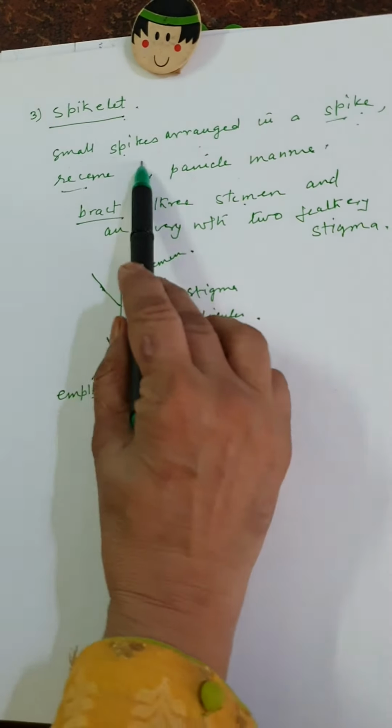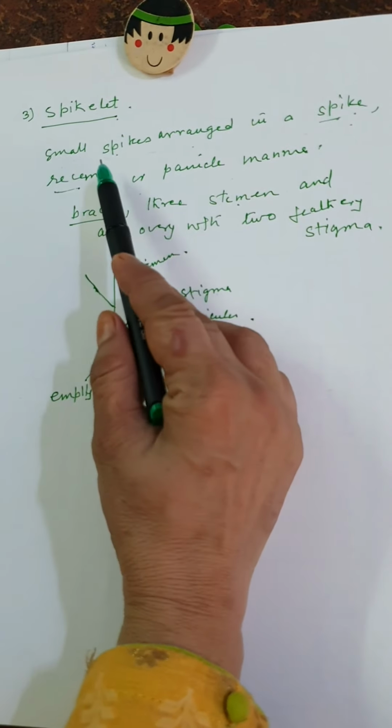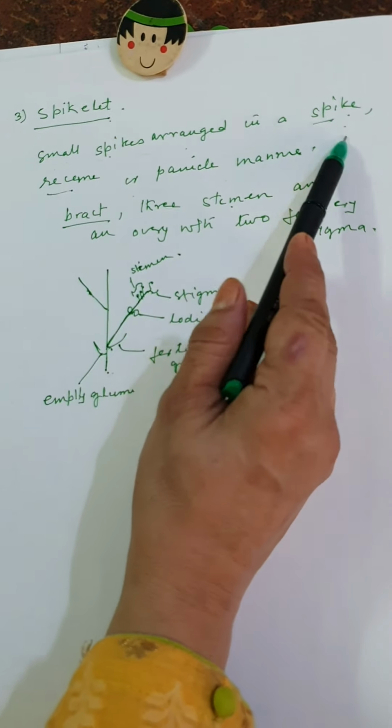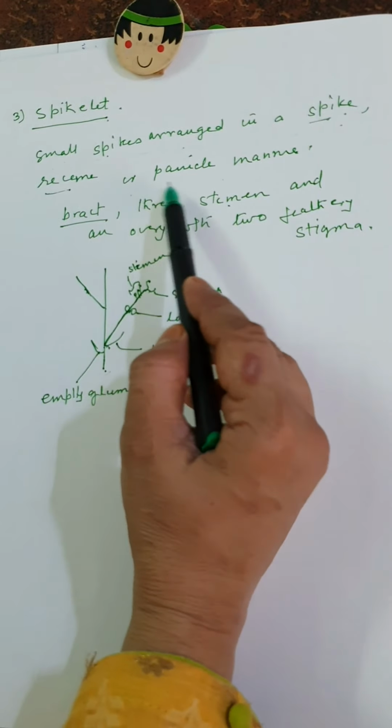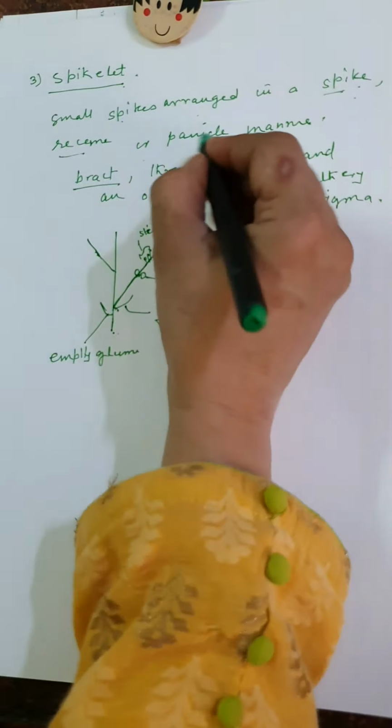That means small spikes arranged in a spike, raceme or panicle manner. We will learn panicle sometime after this.